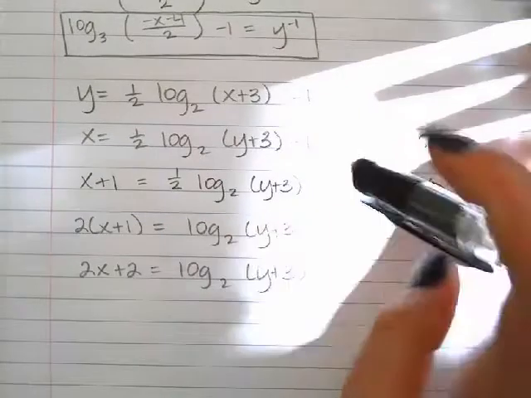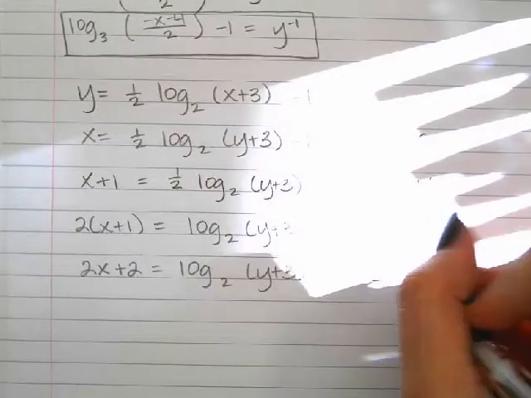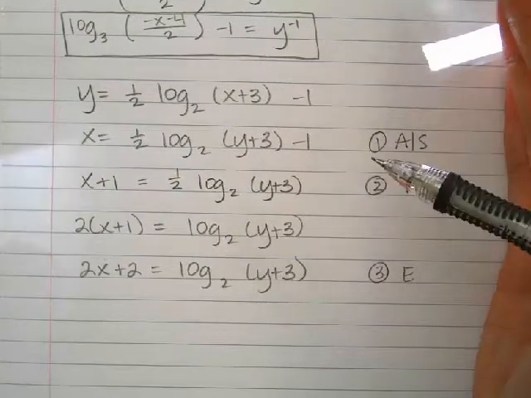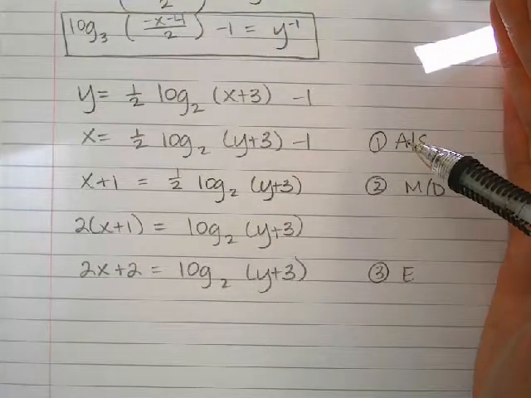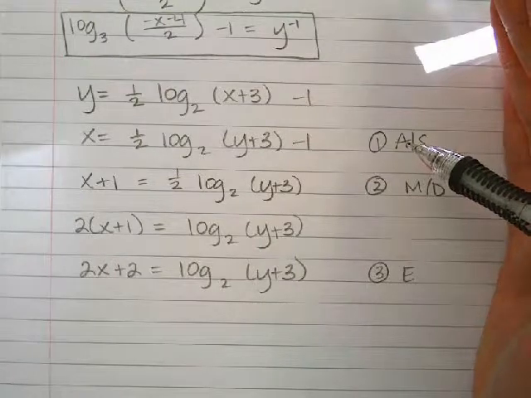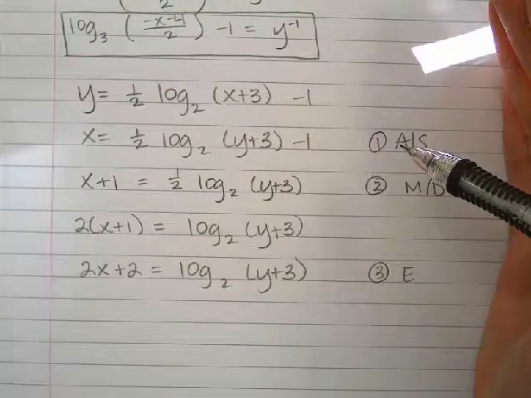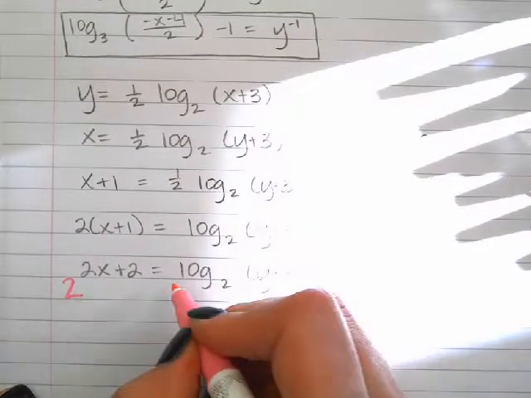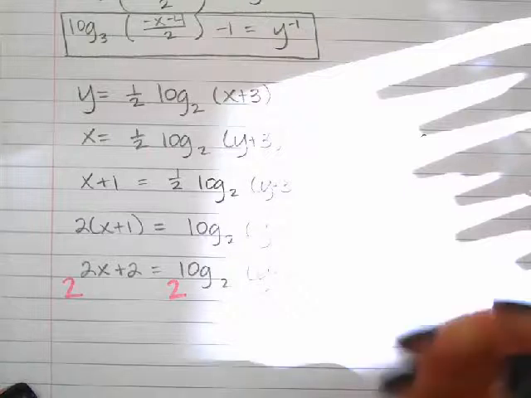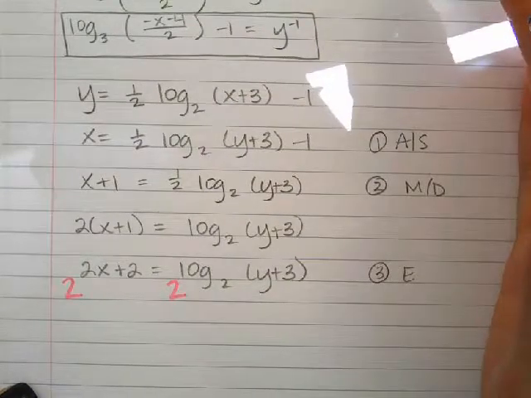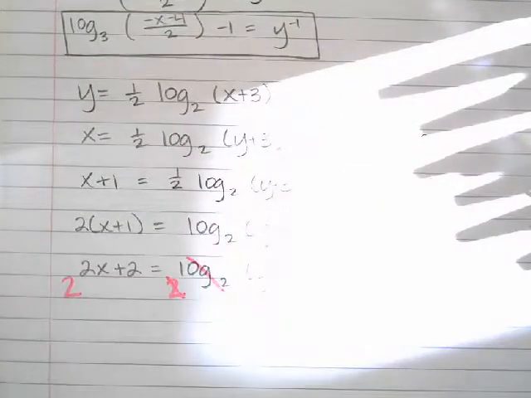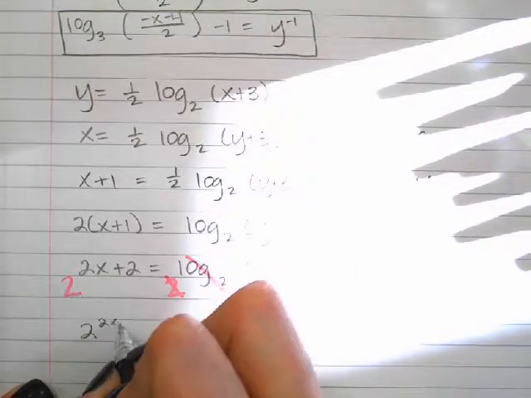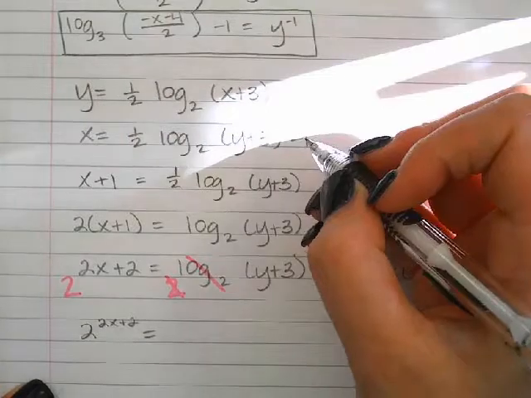Step 3 of your order of operations is exponents. We don't have an exponent right now, but we're going to exponentiate each side, and that's going to write the problem as an exponent, but it's going to get rid of that log. The log has a base of 2, so I'm going to do base 2 on each side. So 2 to the log base 2, those are going to cancel. And so I have 2 to the 2x plus 2 equals y plus 3.